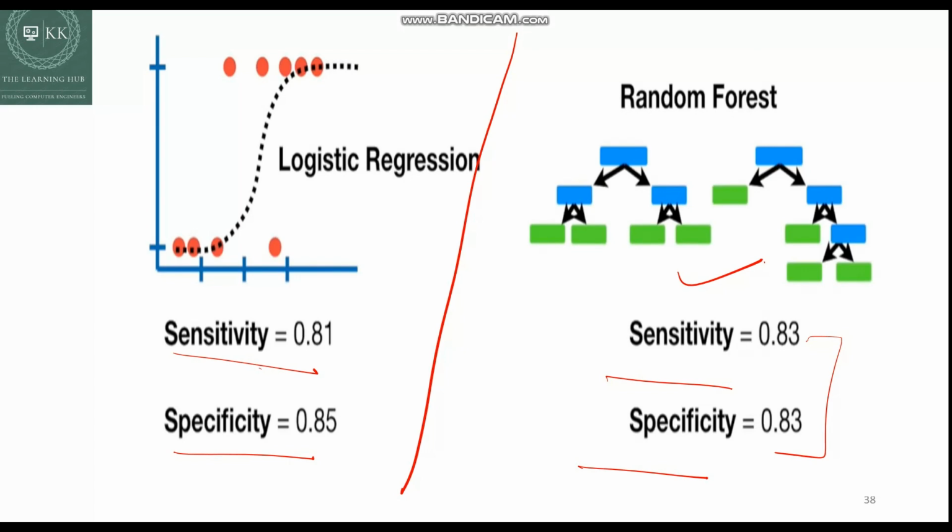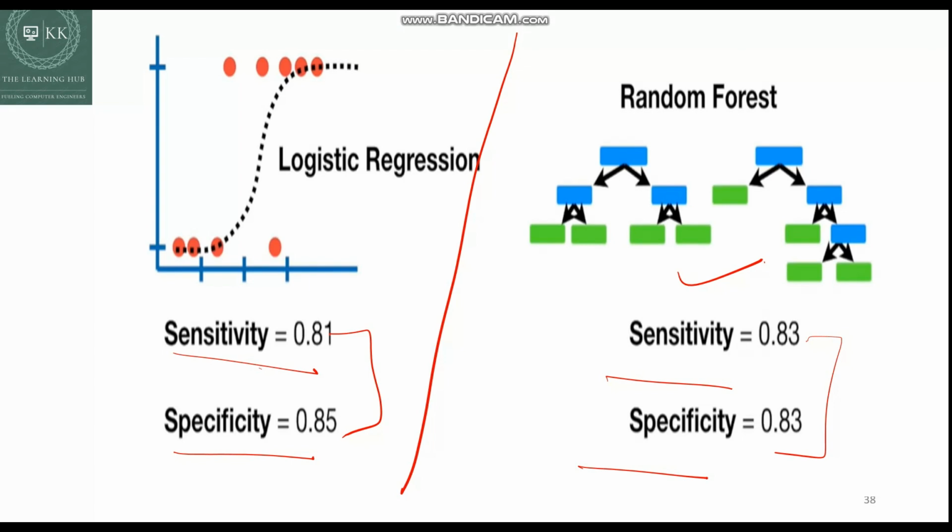whereas there is a variation: 85% correct for negative cases, but for positive cases the correctness is only 81%. So if we go with this, from here we can analyze that random forest is slightly better at correctly identifying the positive cases, in this case the patients with heart disease we have considered.